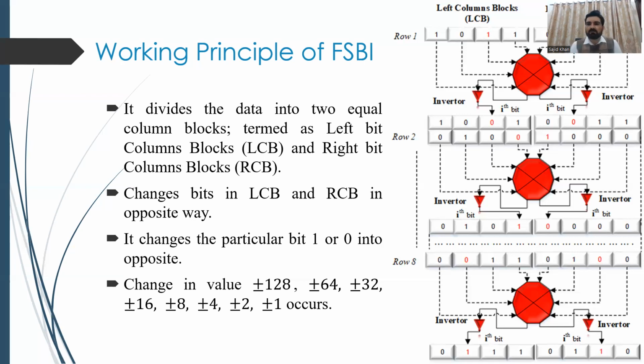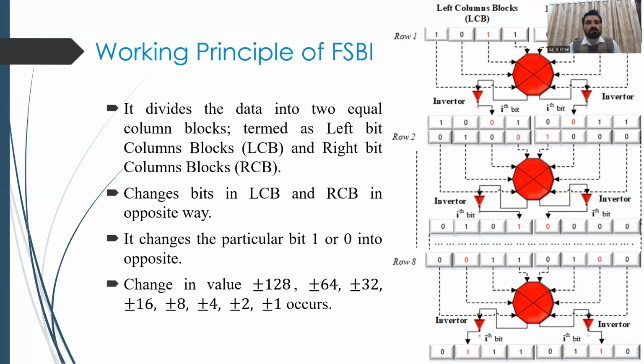The purpose of this division is that for the left column block, the bit change will go from left to right, and for the right column block, the bit change will go from right to left. This is basically bit inversion. Bit inversion means the value of each bit will be inverted into its opposite form, and that changes the value.